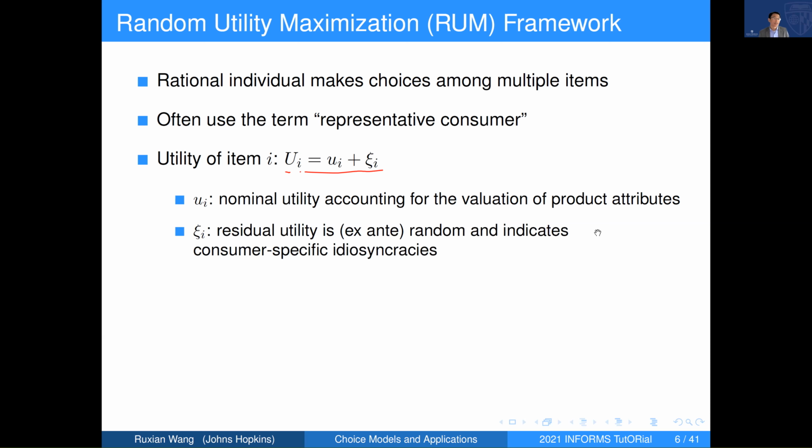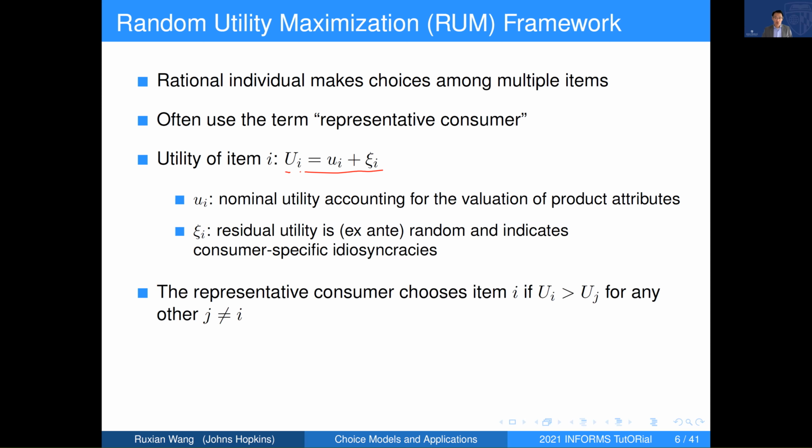The second term, xi_i, is a residual utility, is ex ante random, and indicates consumer-specific idiosyncrasies. The realization can be different for different consumers. Sometimes we call it the first degree of customer heterogeneity.